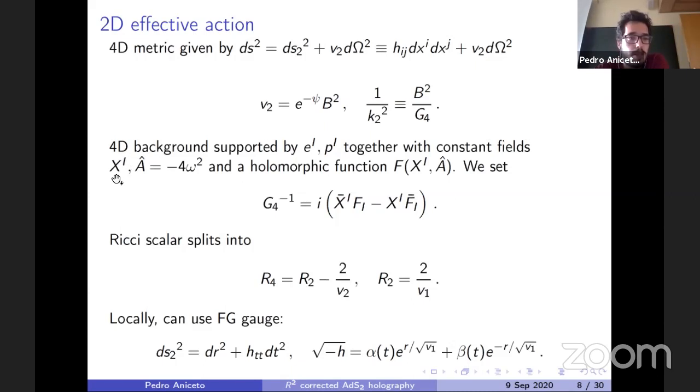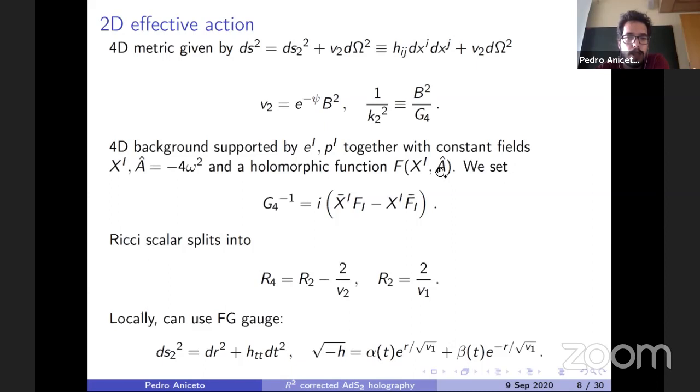These are given by the x's within the index I, and this A hat, which, if you are interested in knowing, is basically the square of the graviphoton field strength. And of course, I had already mentioned before the holomorphic function f, which will depend on the scalar fields.